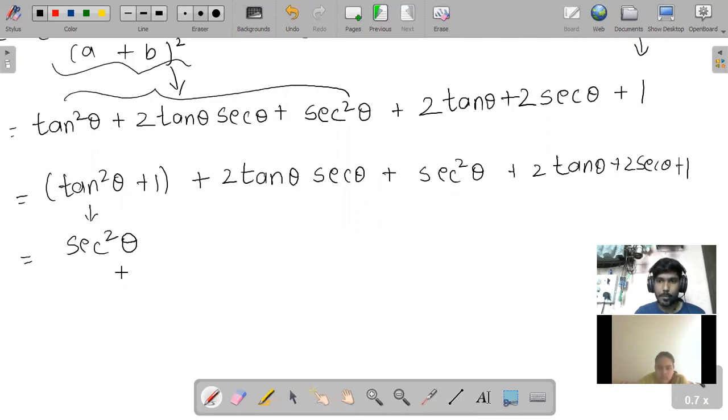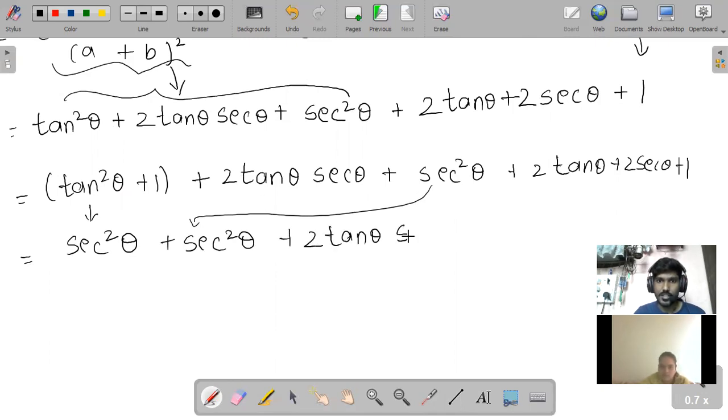Correct? Now I'll write the sec square theta with it, plus sec square theta. Now the rest I'm writing: tan theta into sec theta and 2 tan theta into 2 sec theta.